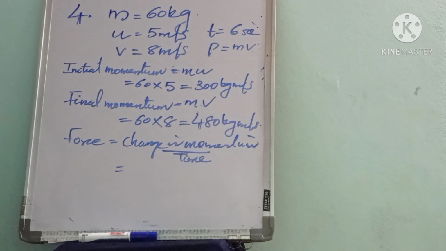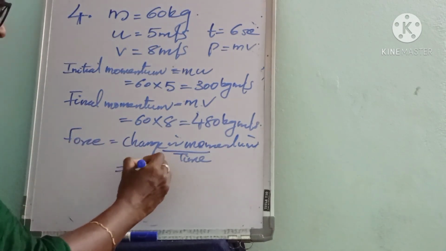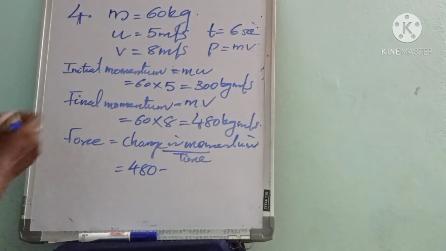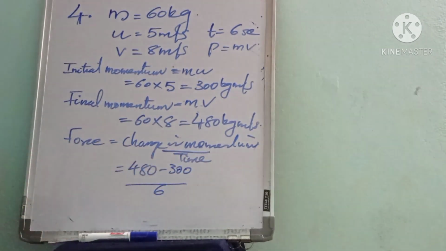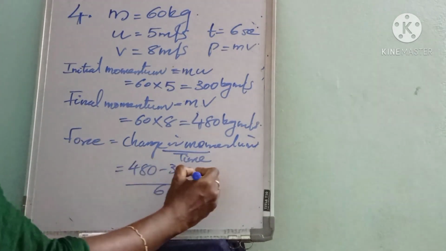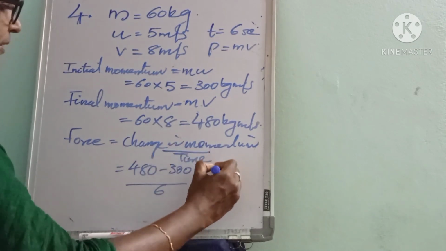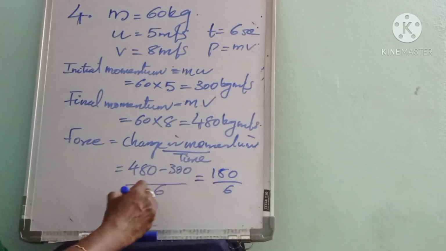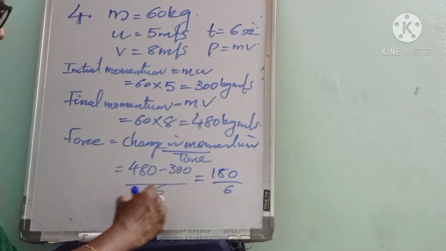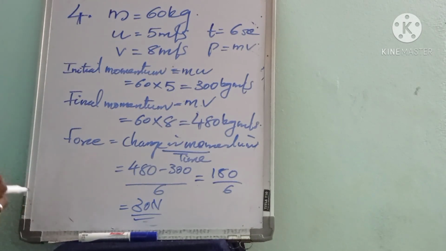You know the change in momentum means final momentum minus initial momentum. So 480, that is the final momentum, minus initial momentum, that is 300, divided by time, which is 6 seconds. So 480 minus 300 is 180, divided by 6, that is 30 Newton. This is the force. 30 Newton, that is the force.